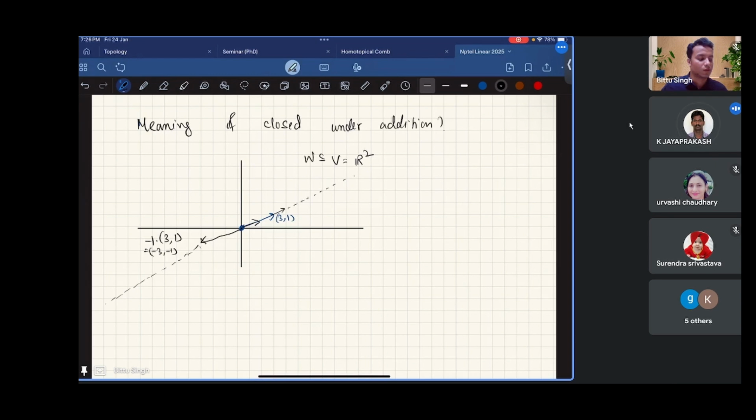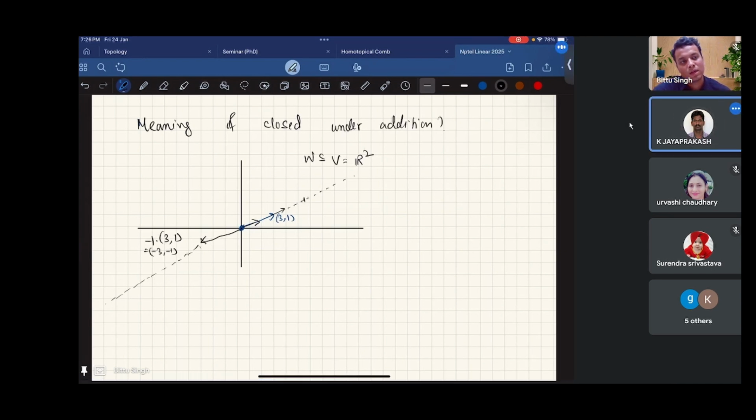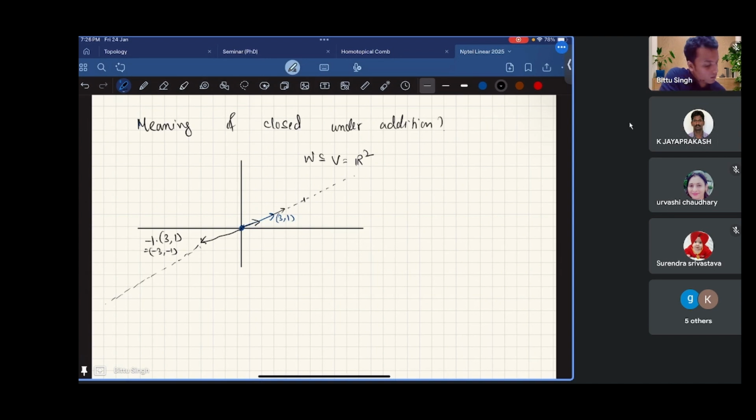Now can you see that all the vectors on this line are closed under addition?